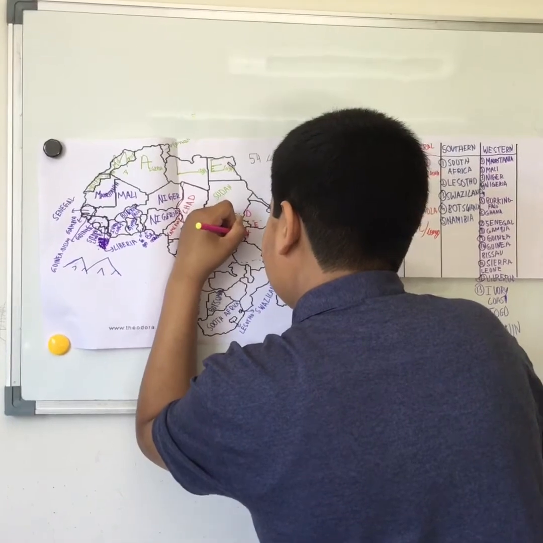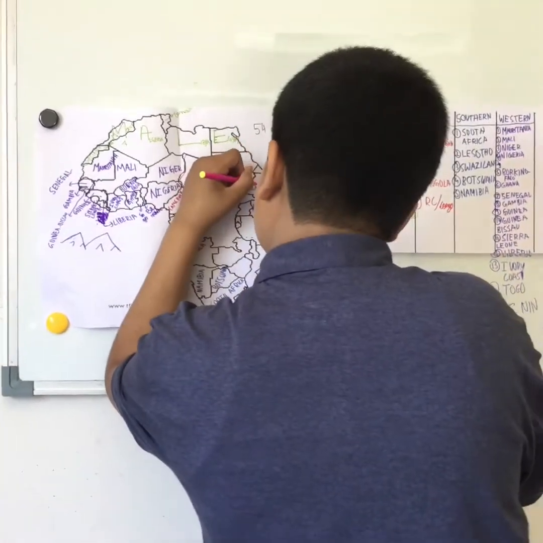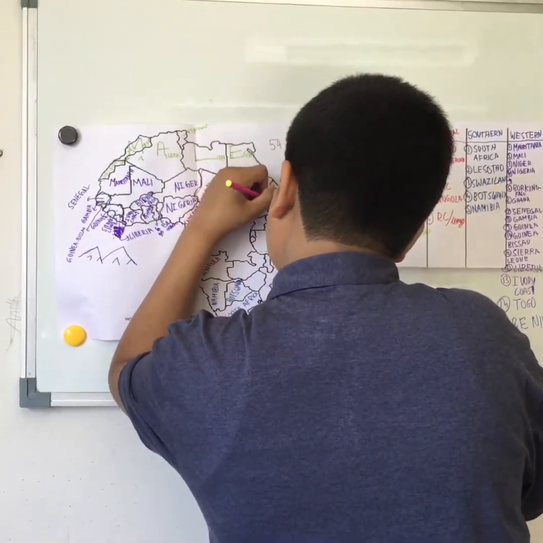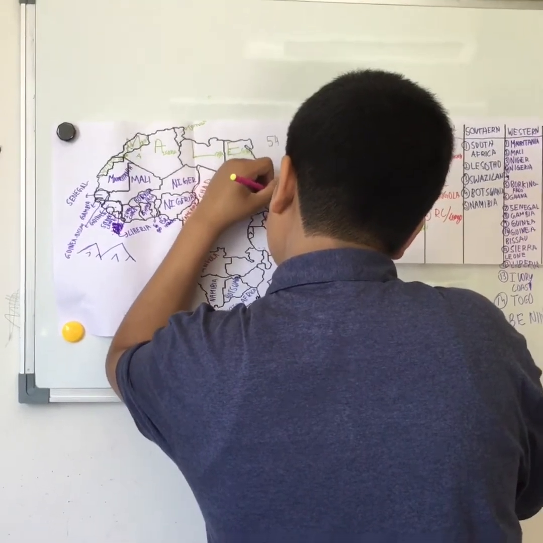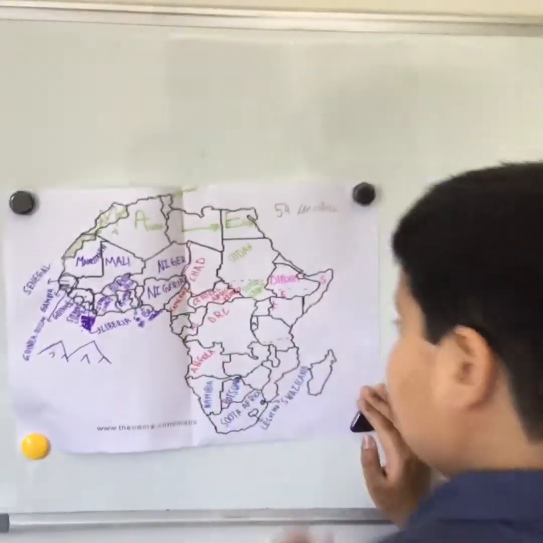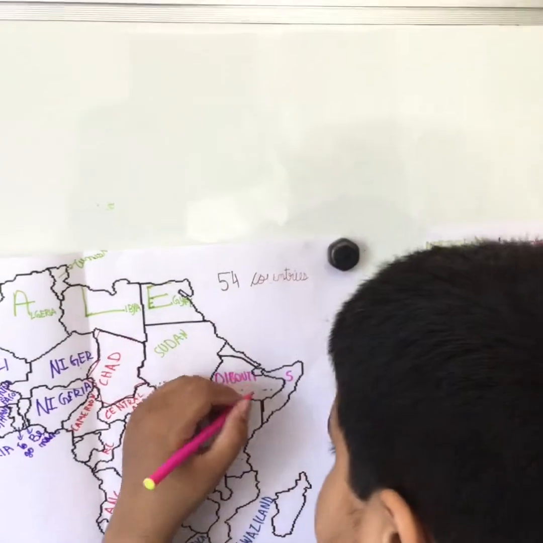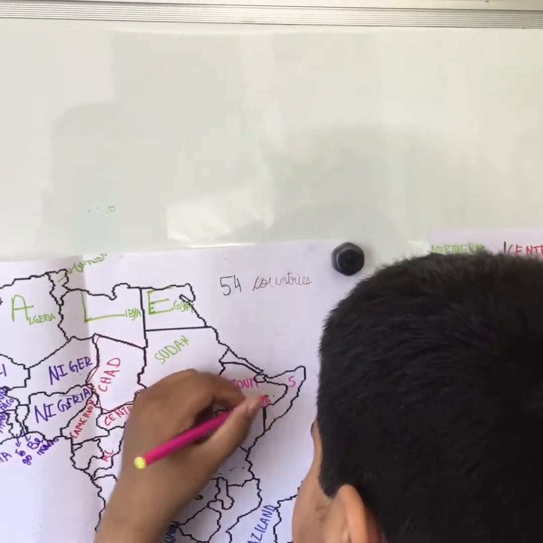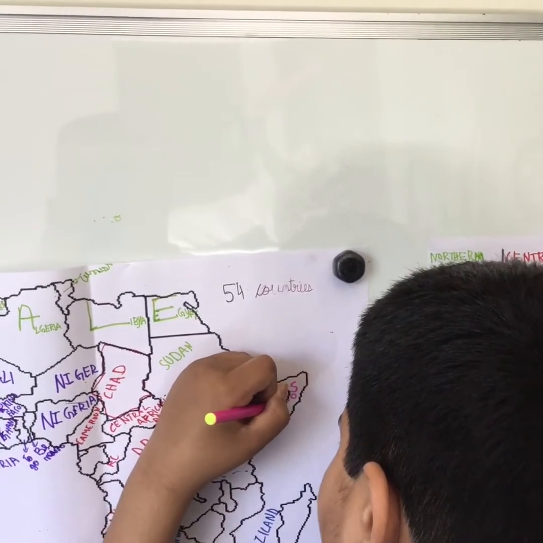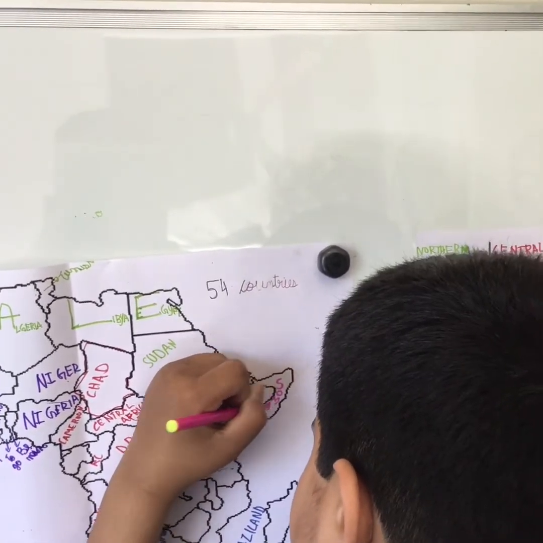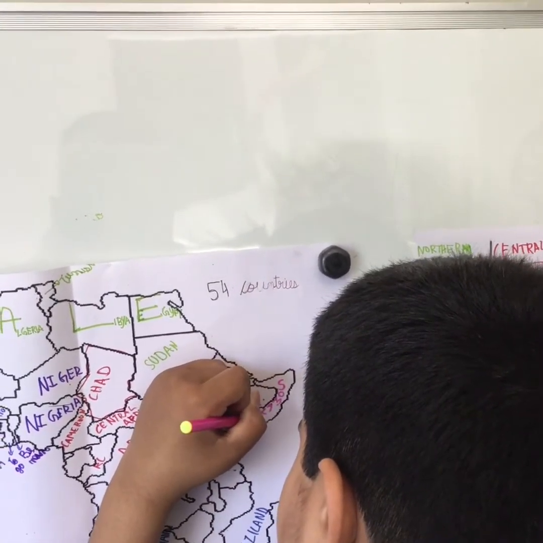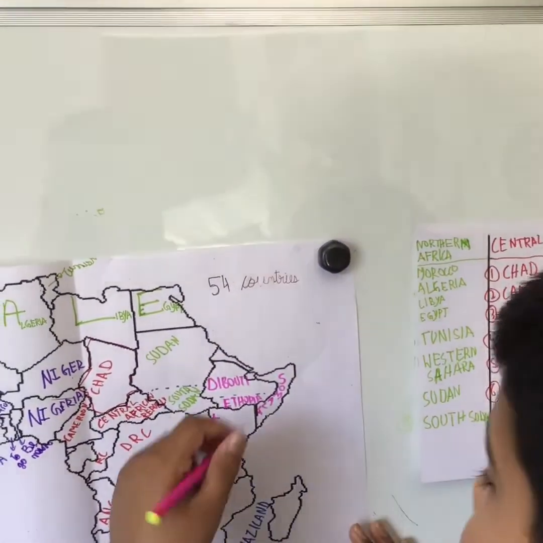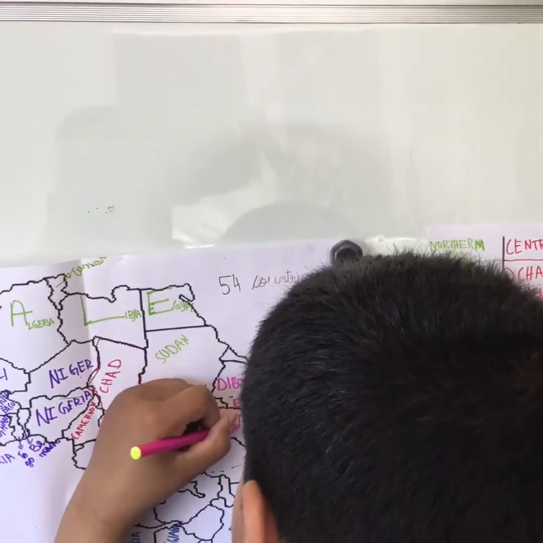So in this, the D stands for Djibouti, the E stands for Ethiopia, the S, which is the Horn of Africa, is Somalia, and the K is Kenya.